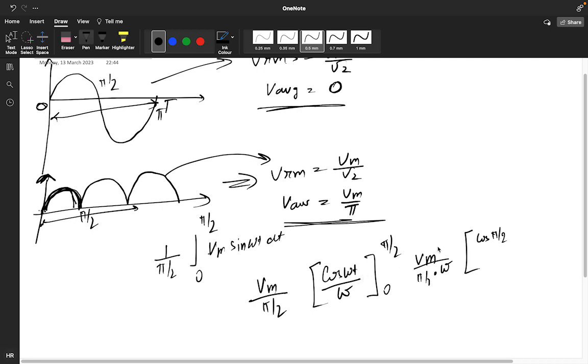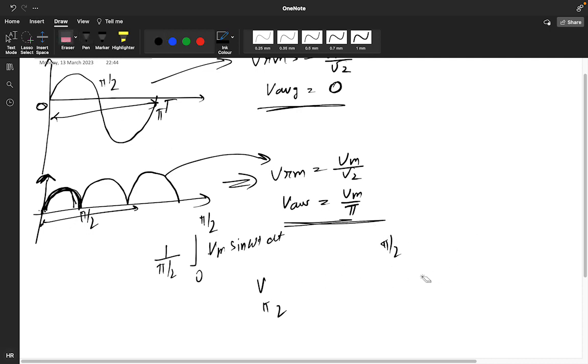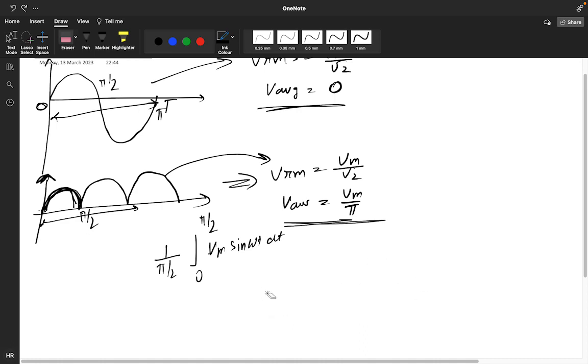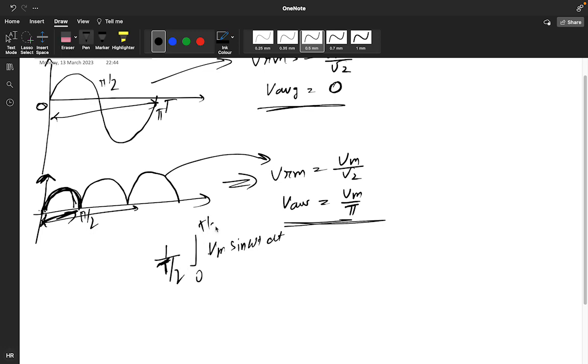Okay, so let me write like this. Now the time period decrease means you are getting the time period up to this part only. This part. Okay. So this is t by 2 and this is t by 2.